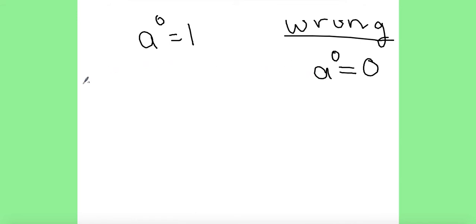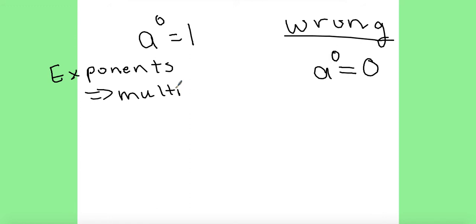But what you've got to remember is that when we're working with exponents, we're working with multiplication. And conversely, division. These are the flip side of the same coin.